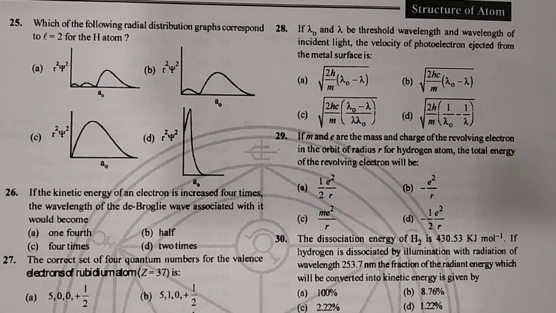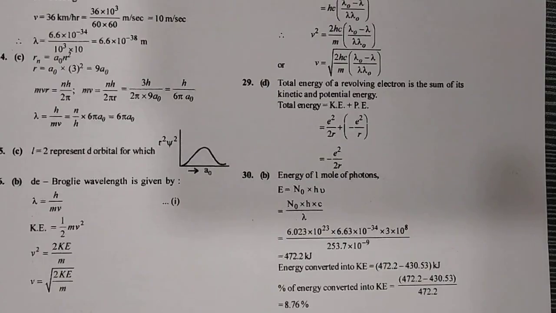26. If the kinetic energy of an electron is increased 4 times, the de Broglie wavelength associated with it would be. So de Broglie equation, lambda is equal to h upon mv. Now kinetic energy is equal to half mv square. Make a form of v. v square is equal to 2 kinetic energy by m. v is equal to under root 2 KE by m.